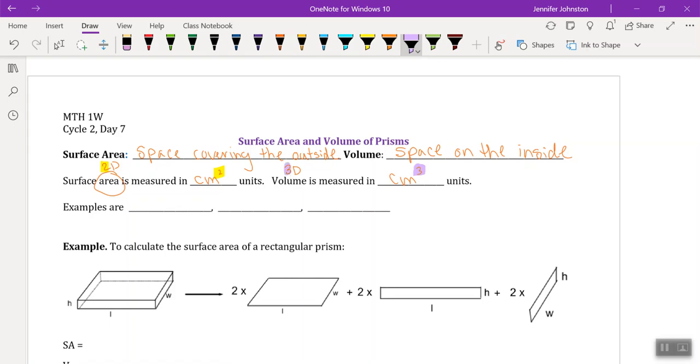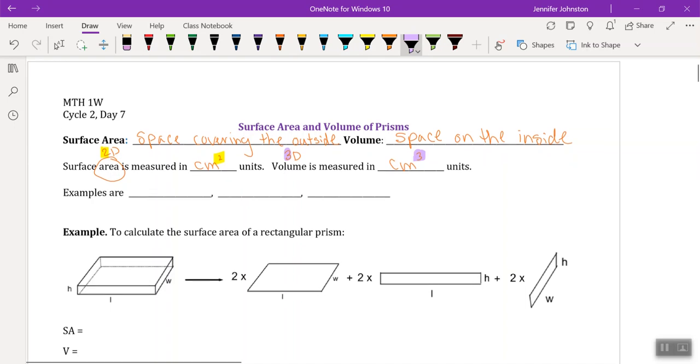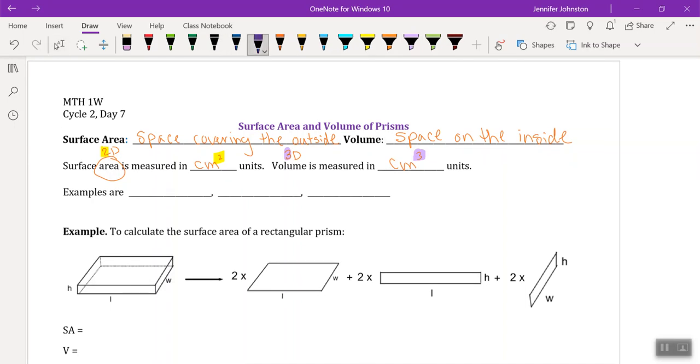However, when we start to look at surface area, we are going to be looking at 3-dimensional objects, but it's the net of it. So it's like taking it all apart and looking at each piece individually. So that's why it's still squared. So again, here we have our square units, and maybe this should be squared units, and these are cubed.